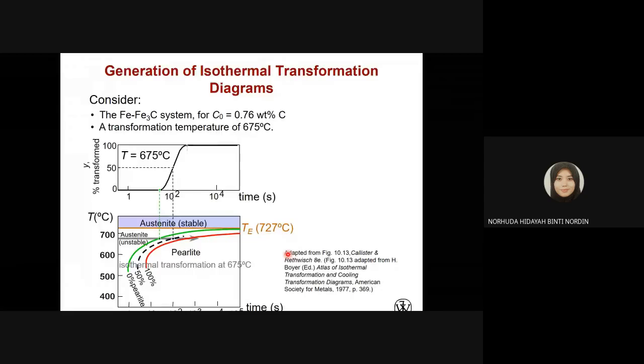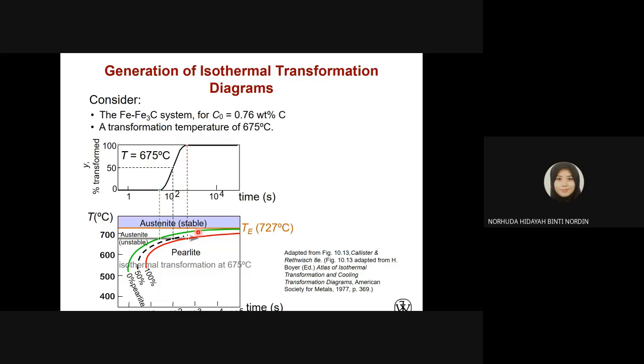And this is important. So here, how is this graph converted to this graph? This one we call the TTT diagram: temperature, time, transformation. So in the exam, when they say according to the TTT diagram, if you don't know what TTT is, it is temperature, time, transformation.